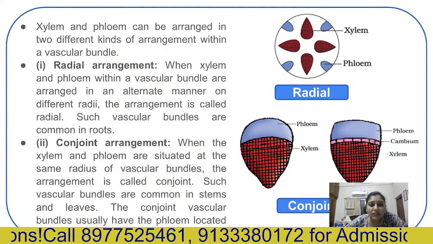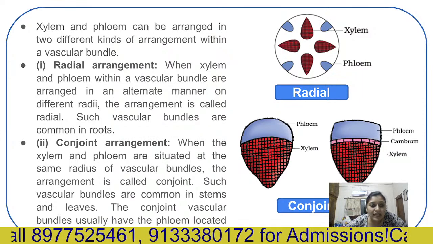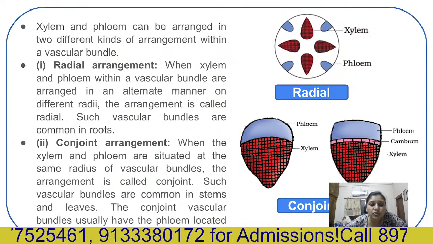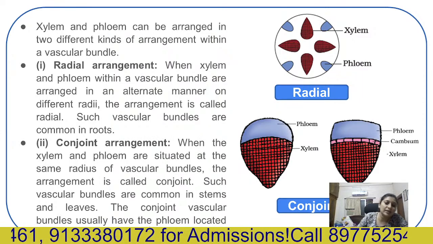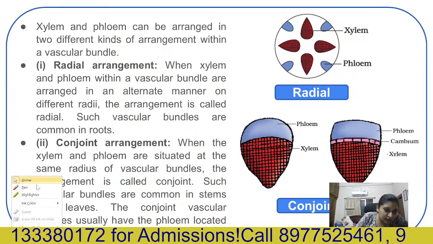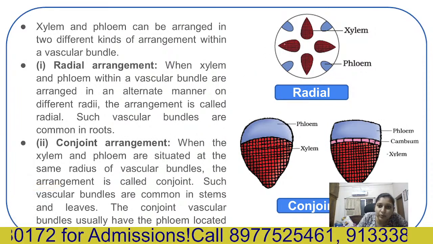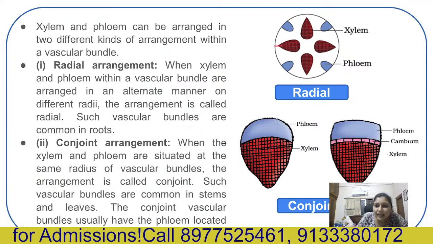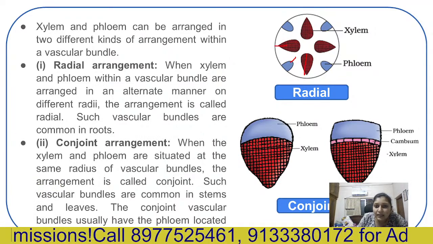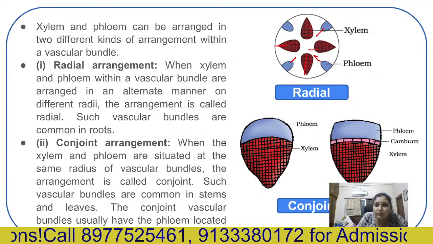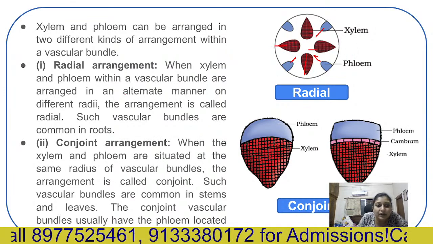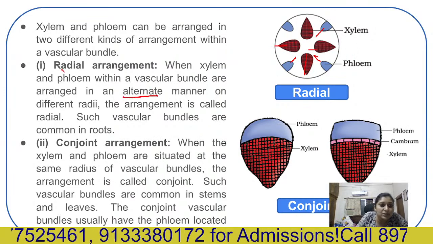Then the conjoint arrangement. When the xylem and phloem are situated at the same radius, you can see here. When it is alternate, this is xylem, this is phloem, xylem, phloem, like this, that is called radial.